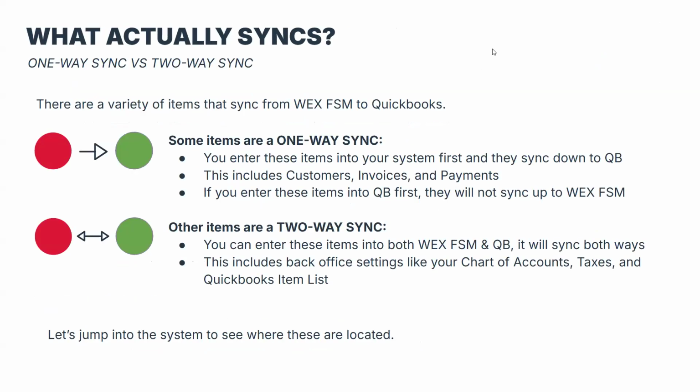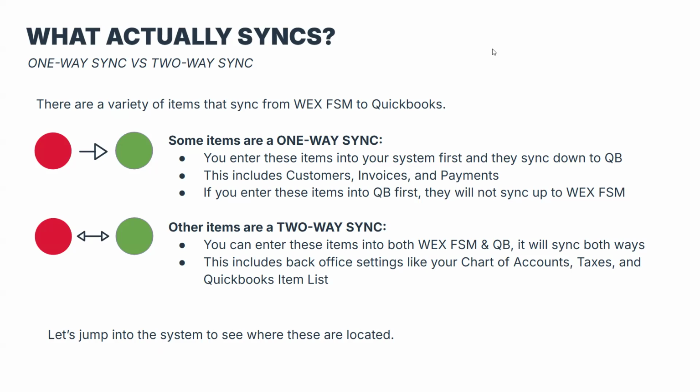And what actually syncs? We're going to get into the details of that, and I'm going to show you in the system, but it's important to know that in your syncing data, there are two sync items. There's two ways that things will sync. One is a one-way sync, and the other is a two-way sync.